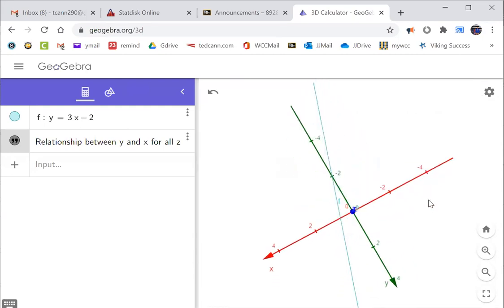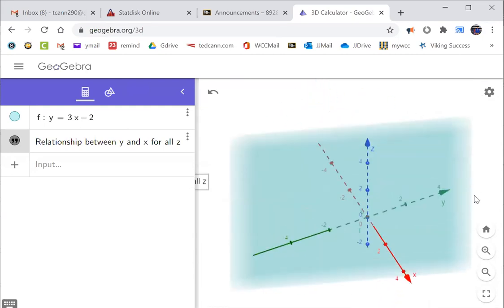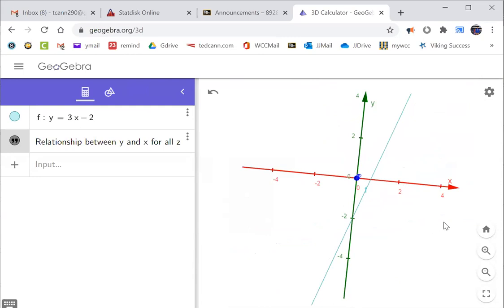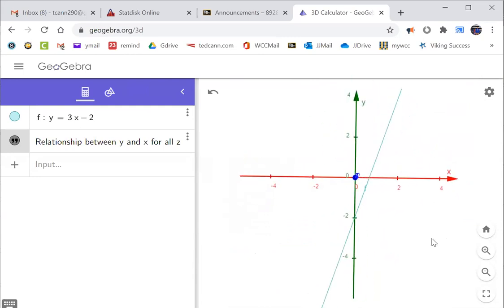So if I give it a little top-down view and reorganize it a little bit, top-down view gives me a perspective that makes it seem like it's an XY coordinate system, all right? But it's really not, because there's the Z axis, it's just hard to see.